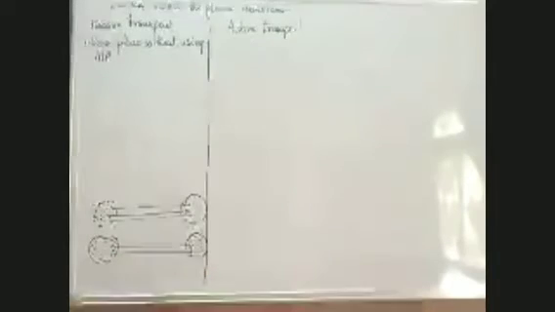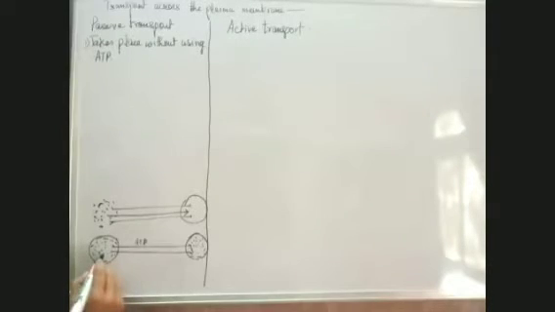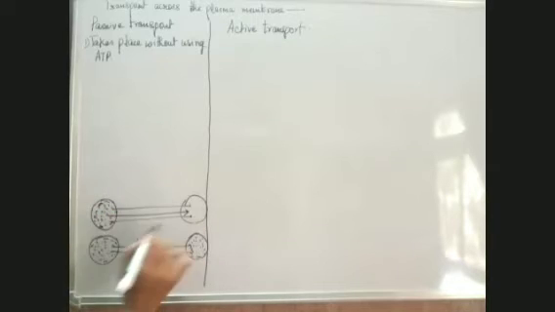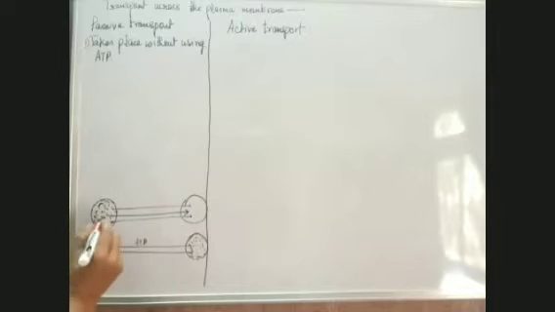So energy needs to be applied, so ATP will be applied to transfer this substance into this area. But if another area is deficient of that substance, it will be easier for the molecules to get transferred, but here ATP will be required. This is what I want to tell you.